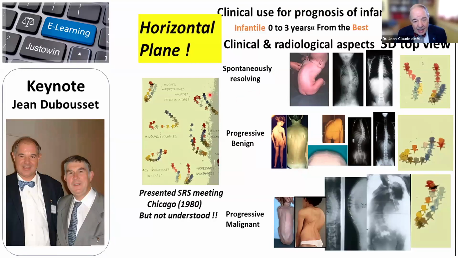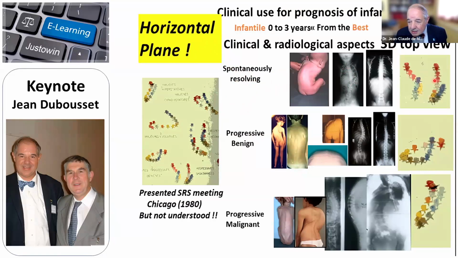And I show you this slide because since this time, the horizontal plane was used as a prognosis for infantile scoliosis.